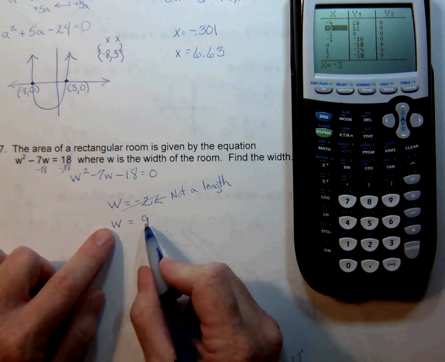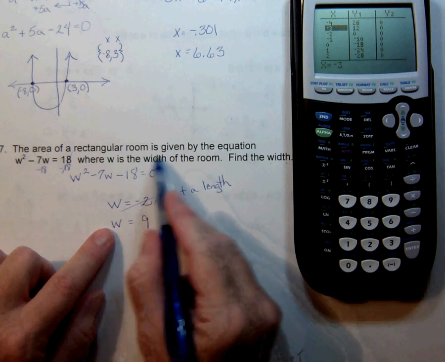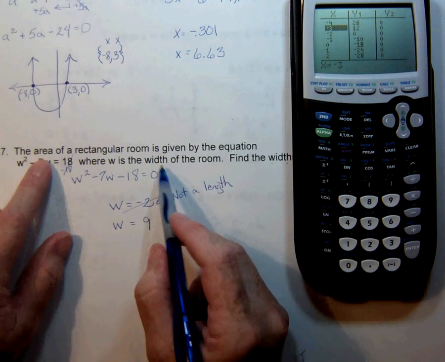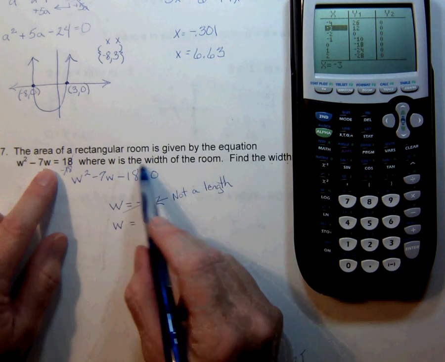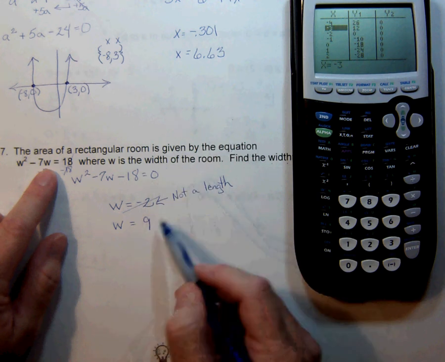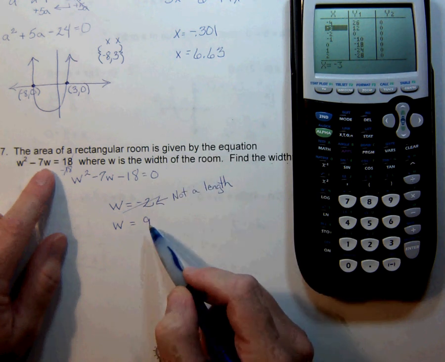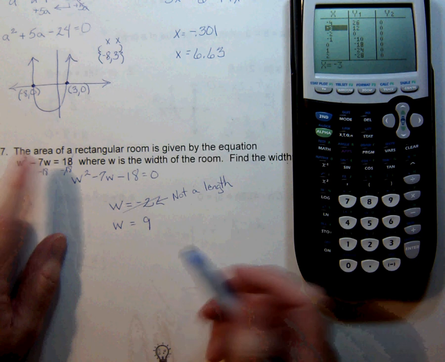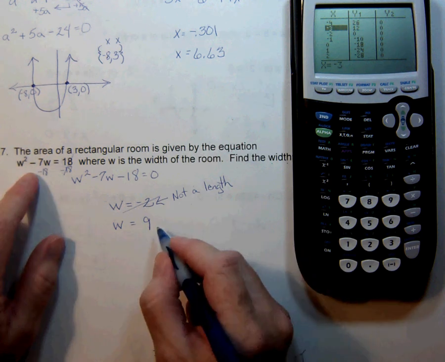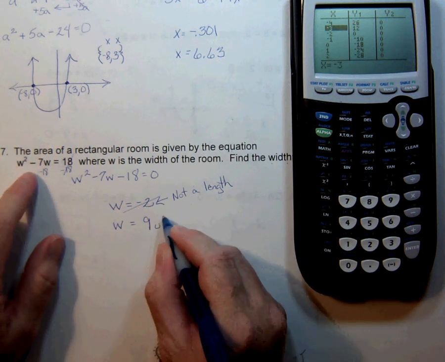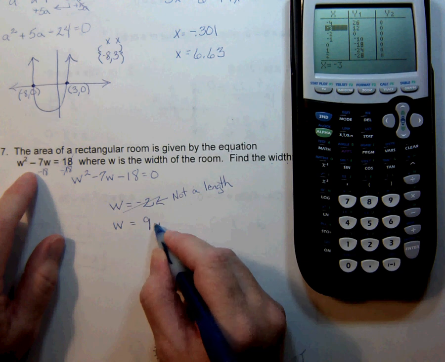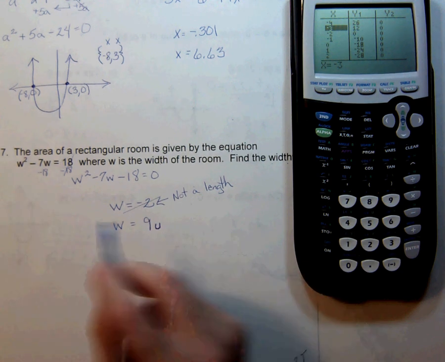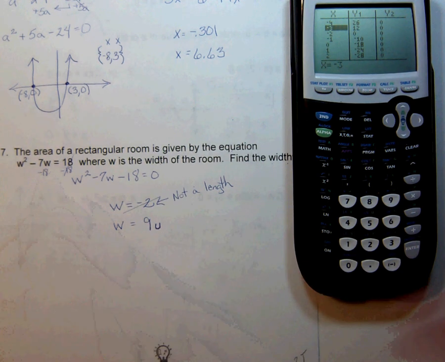Is it given in feet? It doesn't say. Given in this equation, w is the width of the room. So w is 9 units. Squared is if we found the area. They've already given you the area. And that concludes 5-1.